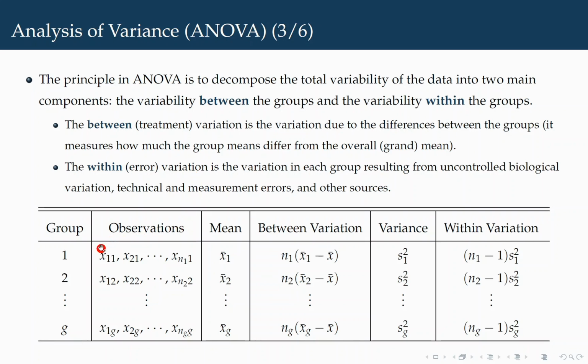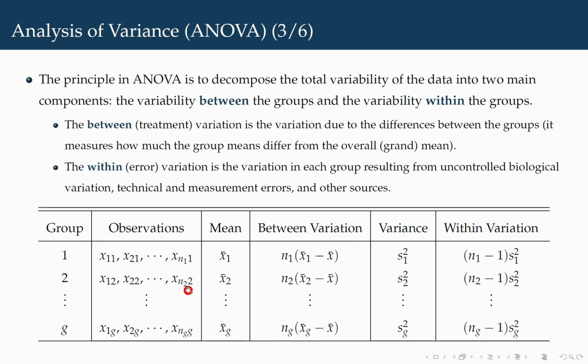So here, for example, in the G different groups, we could have these observations: the observations in the first group, the observations in the second group, and the observations in the G group. Now we can obtain the sample mean of the first group as the sum of these values divided by n1, which is x bar 1.